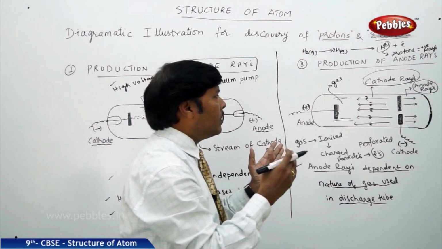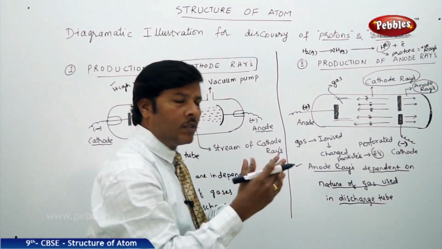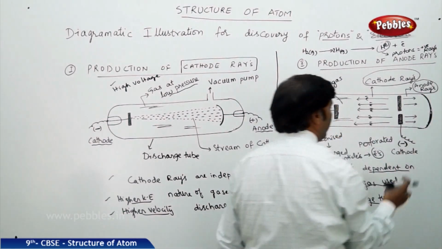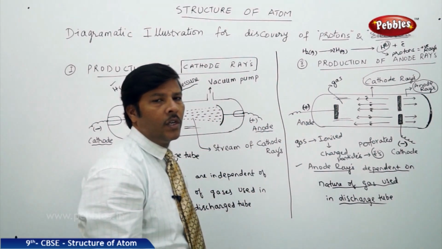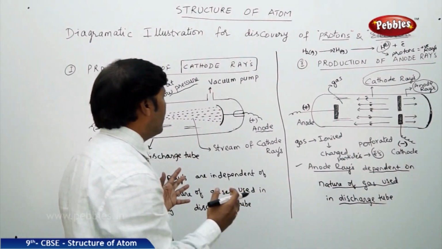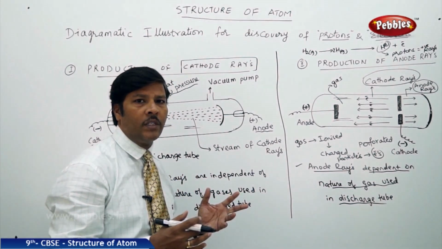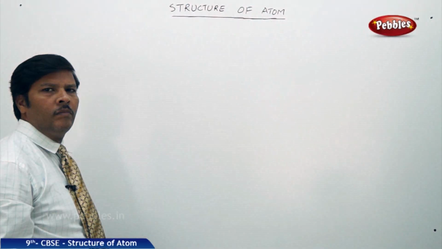Such that the positive particles, that is anode rays, are separately collected at the photographic plate within the discharge tube. So from these two diagrams, we are able to differentiate systematically the production of anode rays as well as cathode rays.